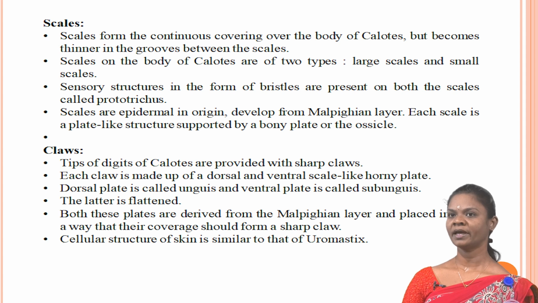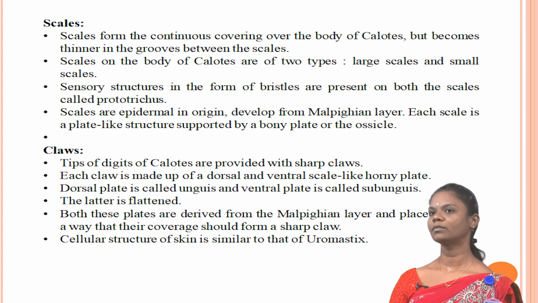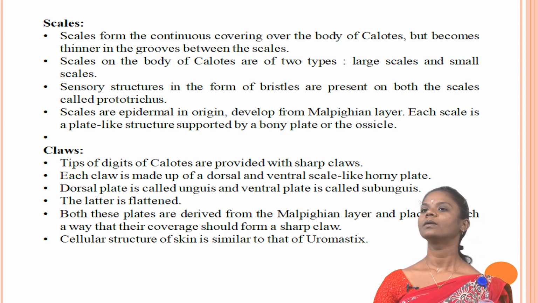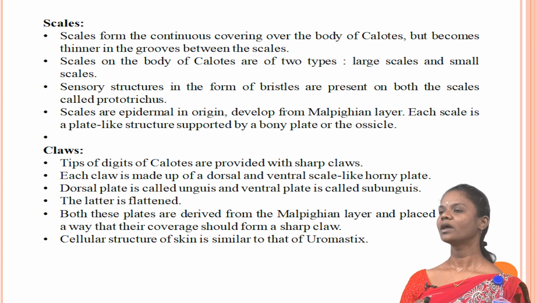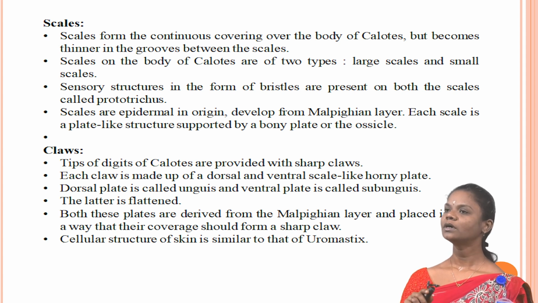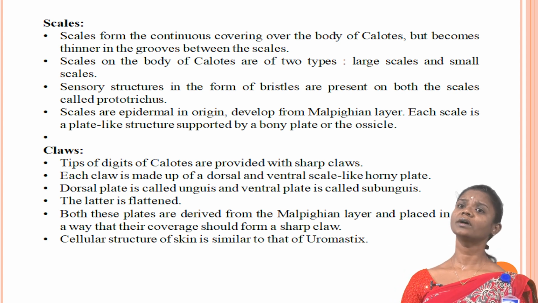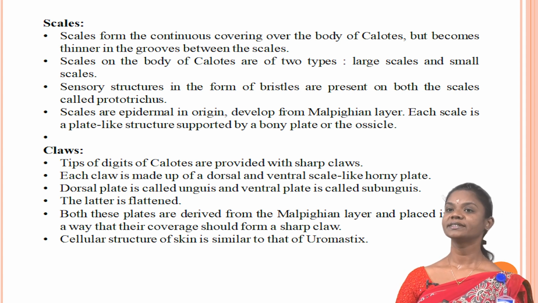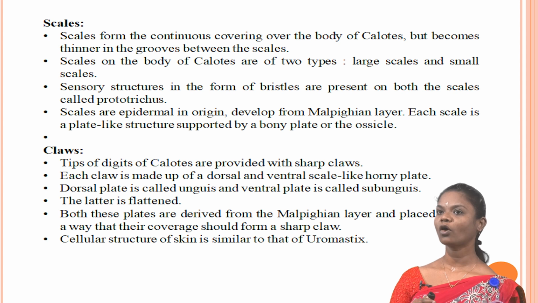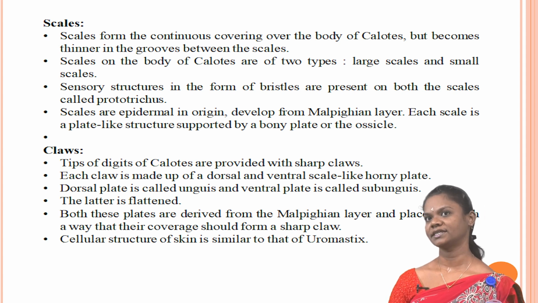Both of these plates are derived from the Malpighian layer and are placed in such a way that their curved edges form a sharp claw. The cellular structure of the skin is similar to that of Uromastix.